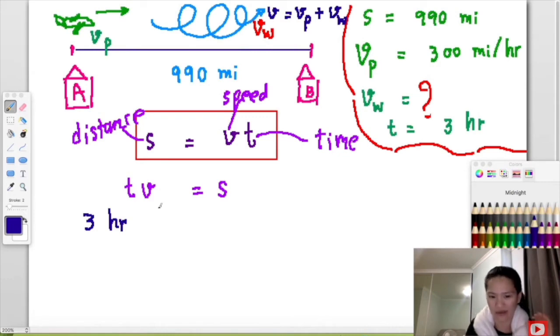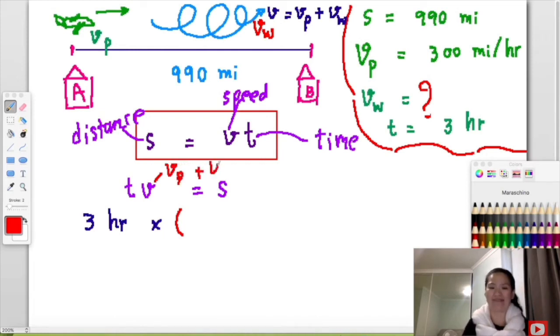For example, if you get speed, the unit of speed has to be mile per hour. Okay, multiply with, now you know that V comes from VP, speed of plane, plus speed of wind. VP, speed of plane, is 300.